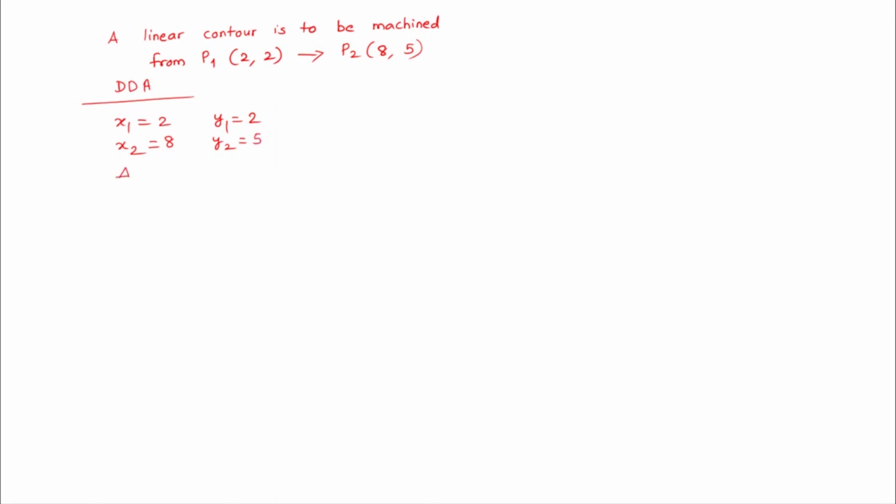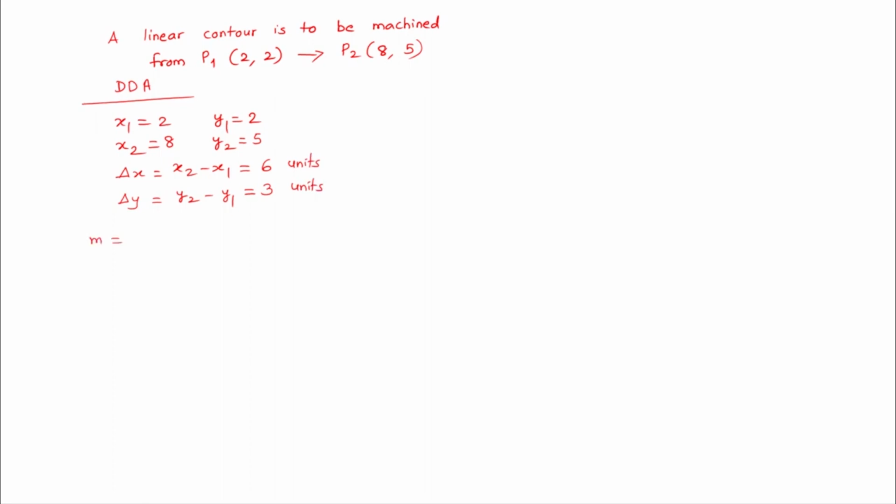So the delta X is X2 minus X1, that is 6 units, and delta Y is Y2 minus Y1, that is the 3 units.